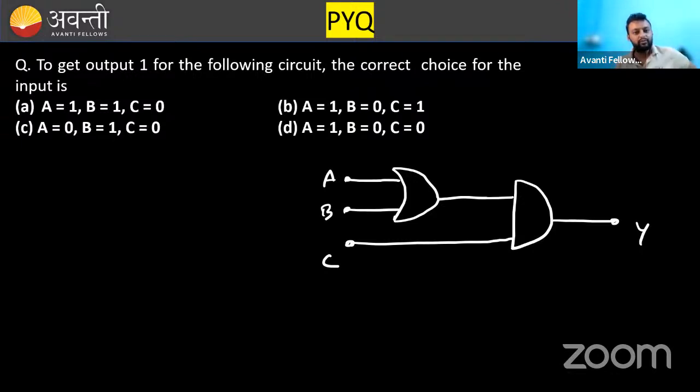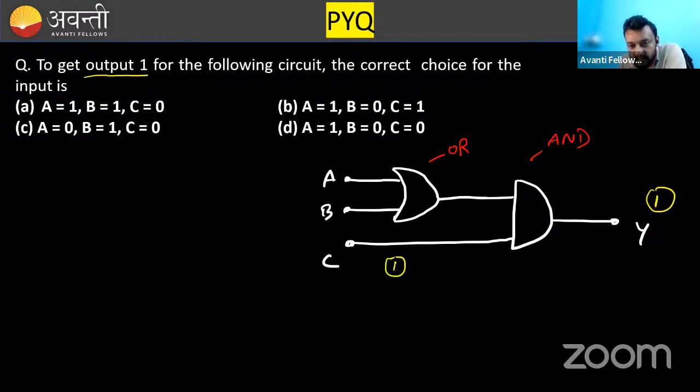I will explain this to you. Okay. So first of all, identify the gates. This is OR gate. You can identify this is AND gate. So one thing to be very clear, if I tell you output of AND gate, the question says that to get output 1. That means here the output should be 1. That means high output. For output to be high, what we know that in AND gate, both the inputs should be high.